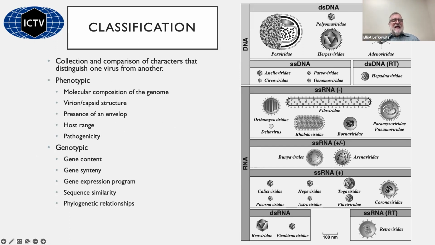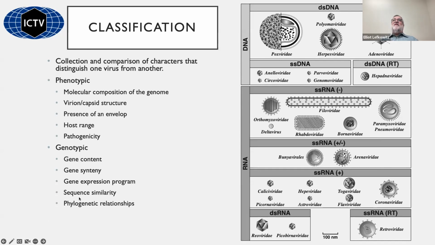But of course, these days, we now use genotypic properties, the gene content of the genome, the order of the genes in the genome, how they're expressed over time, given the virus's life cycle, but certainly sequence similarity and using sequence similarity to do phylogenetic reconstruction is what many of the study groups in the ICTV that work on the different classes of viruses use these days.